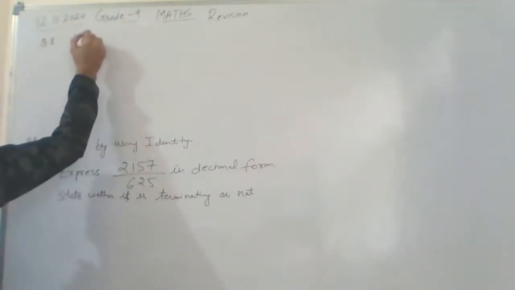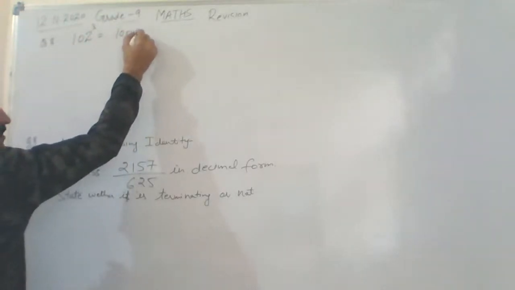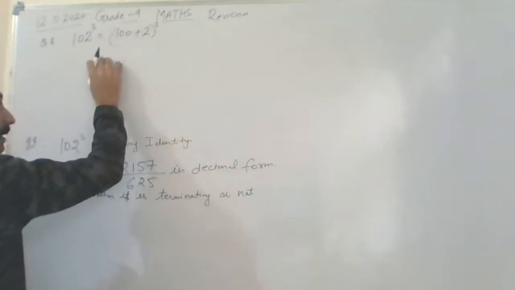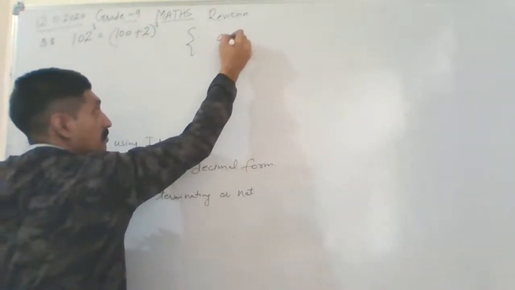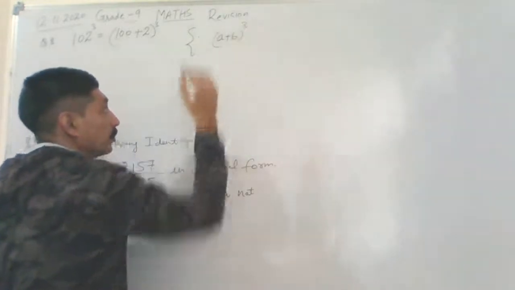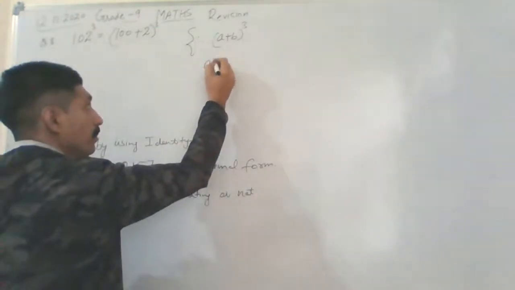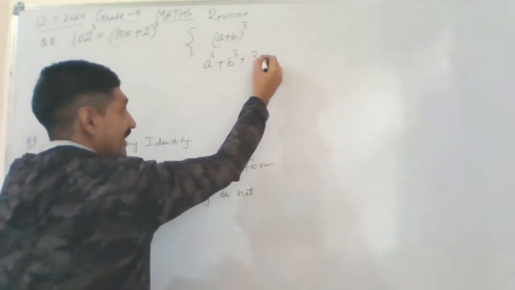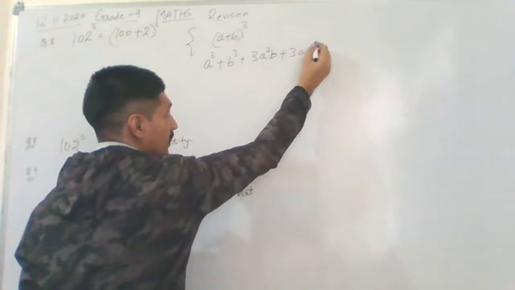We can write 100 plus 2 whole raised to power 3, and we will apply the identity: a plus b whole cube is equal to a cube plus b cube plus 3a square b plus 3ab square.